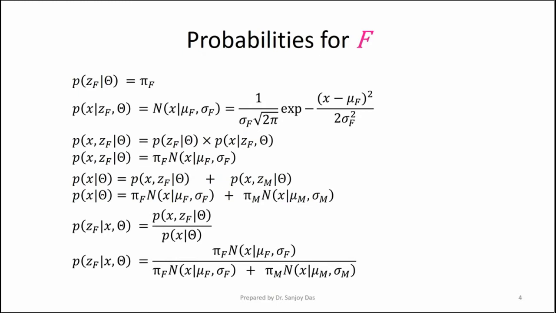So before we begin with our analysis, let's make a list of all the probabilities that we shall encounter, and I shall focus on the female, and for the male it's likewise.